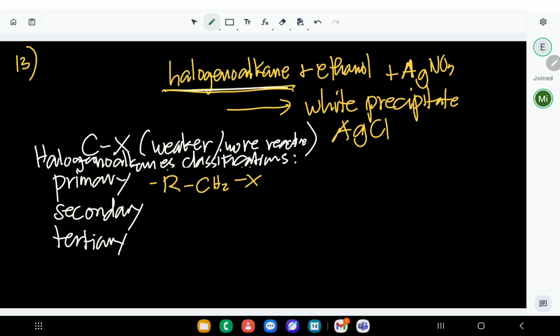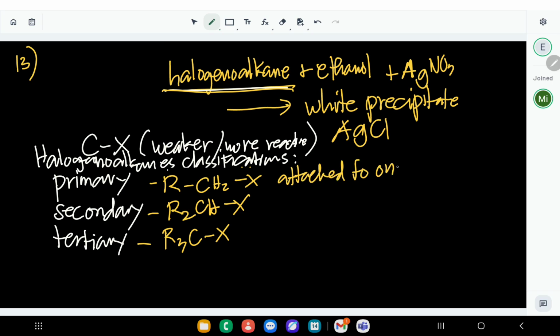Okay, and then for the secondary, and then for the tertiary. So the primary is attached to one carbon, the secondary is attached to two other carbons, and then the tertiary is attached to three other carbons.